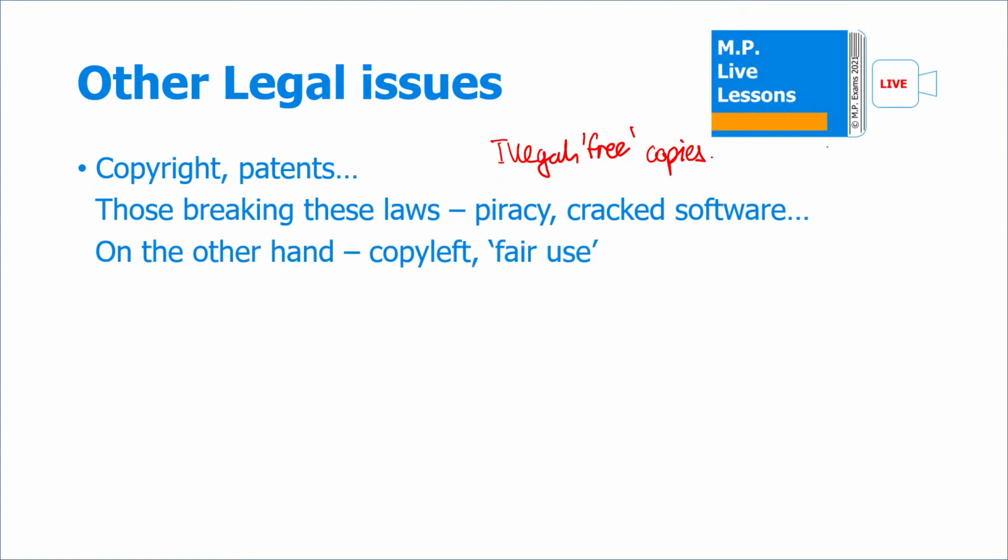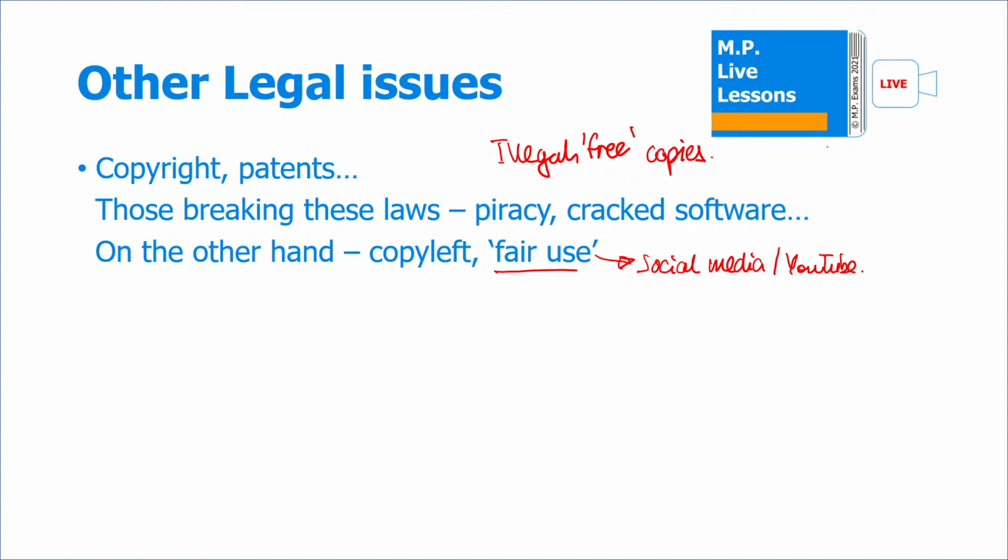On the other hand, you have other things like copyleft and fair use. Fair use is something you may see on social media or YouTube. For example, you will often see many videos using songs without explicit permission from the actual songwriters or corporations.